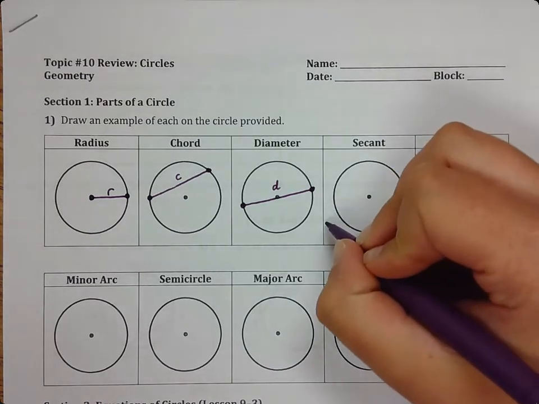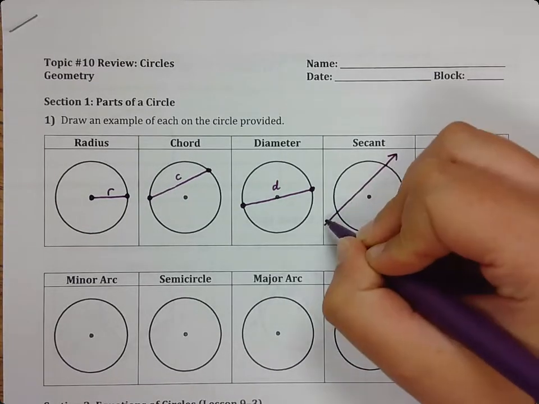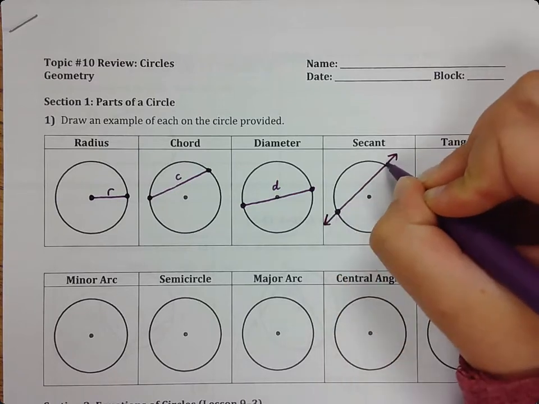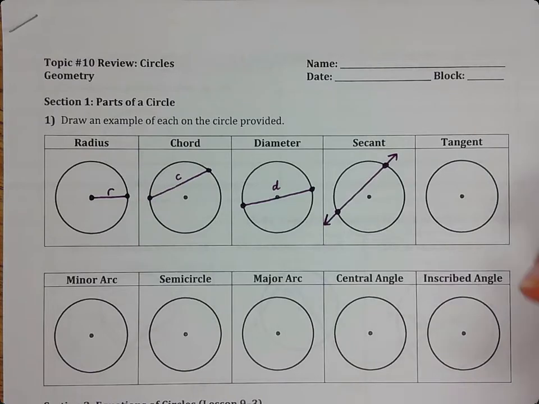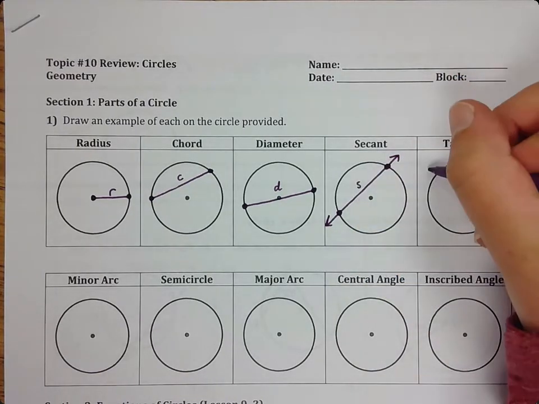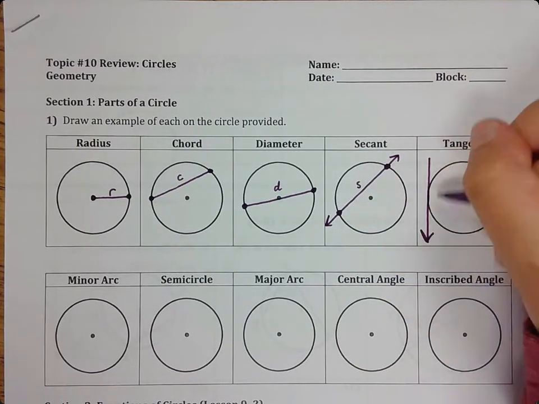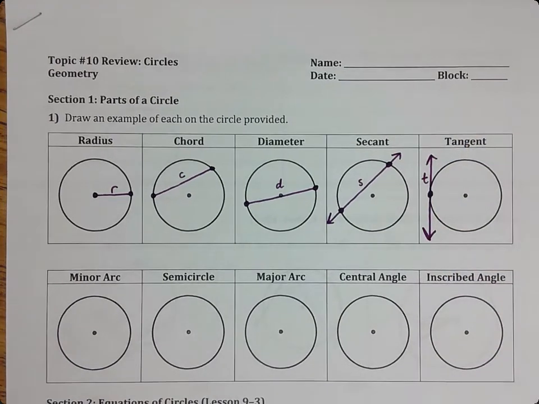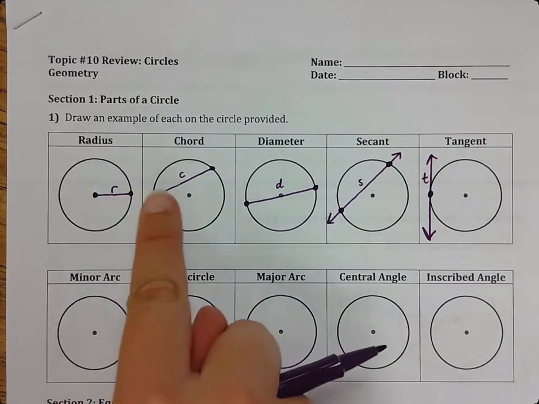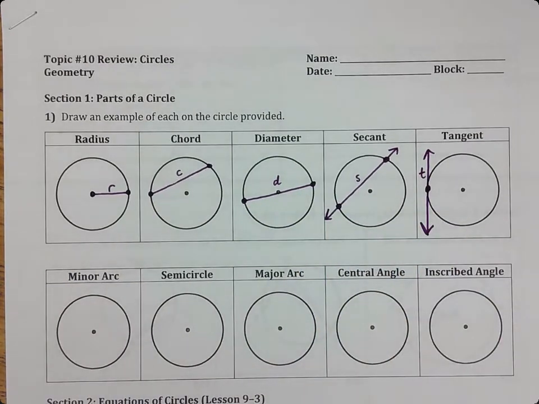A secant is a line that cuts through a circle and it intersects at 2 points. And a tangent is a line that is on the outside of our circle that intersects at 1 point right here. So we've got radius, chord, diameter, secant, and tangent.